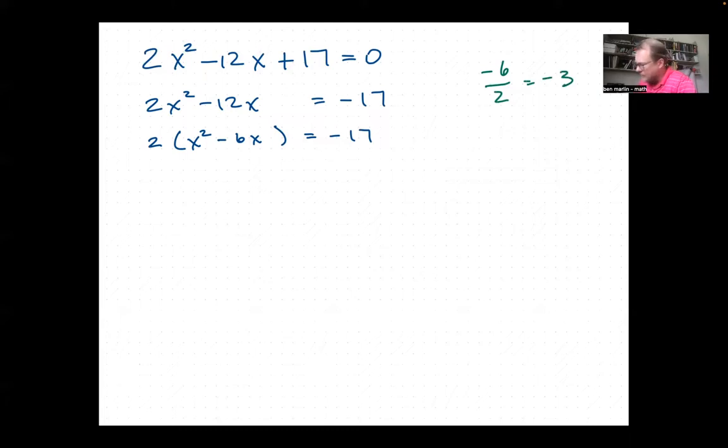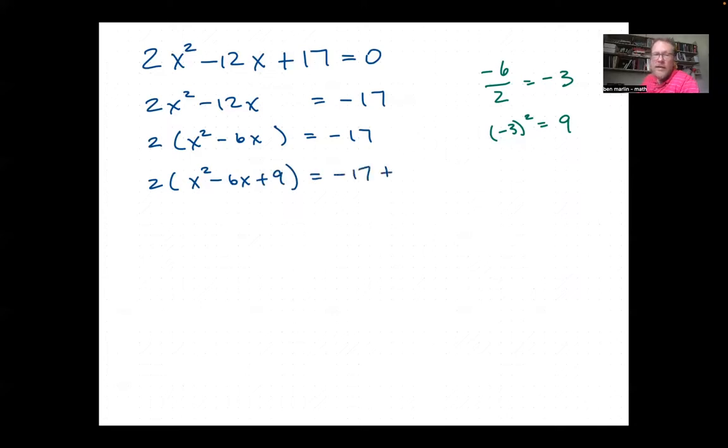Remember the minus 3. We take the minus 3 and we square it, and that is the number that we will need to add in order to make this piece into a perfect square. Essentially right now it is an incomplete square, but when we add the 9, it'll become a complete square.